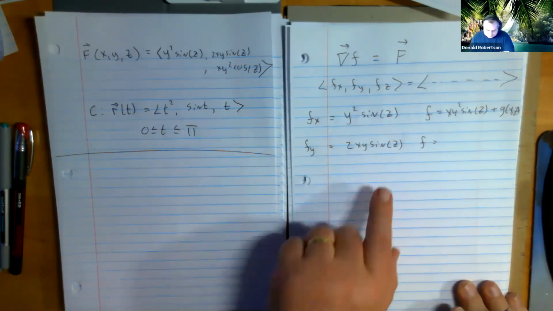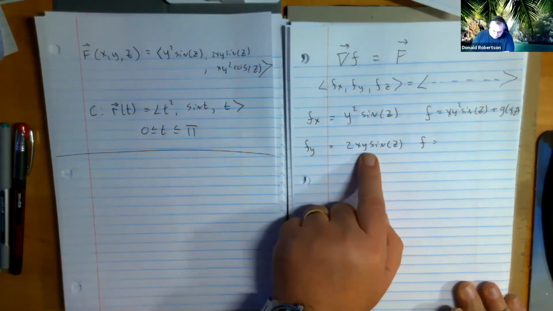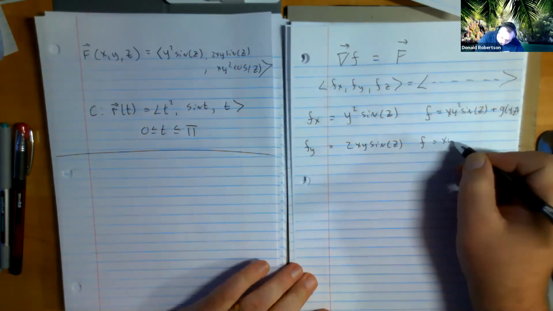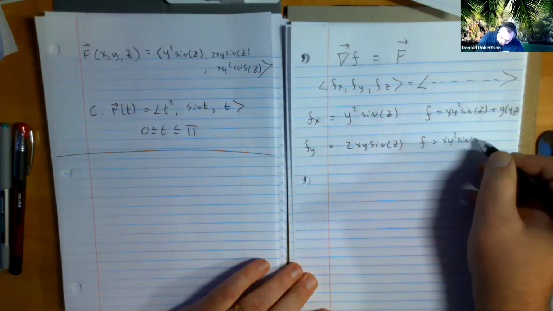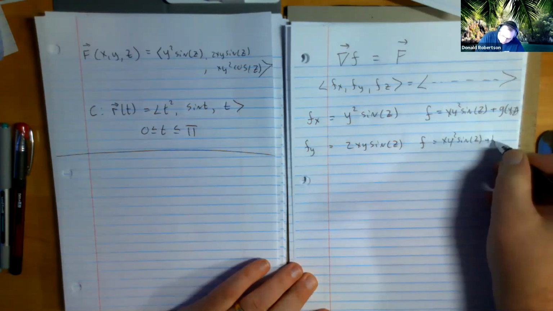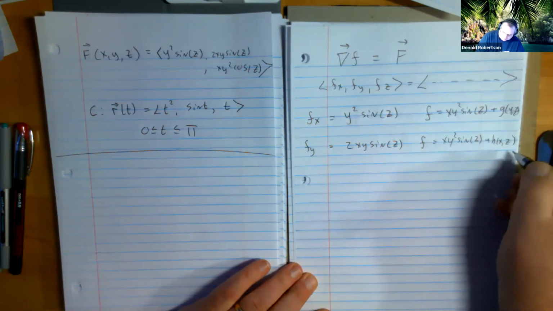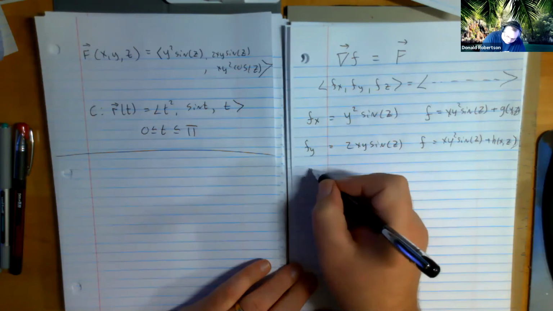And if we integrate this fella, don't you add 1 to the power, reduce the power by 1, and we get this guy plus some function that doesn't have any y's in it.